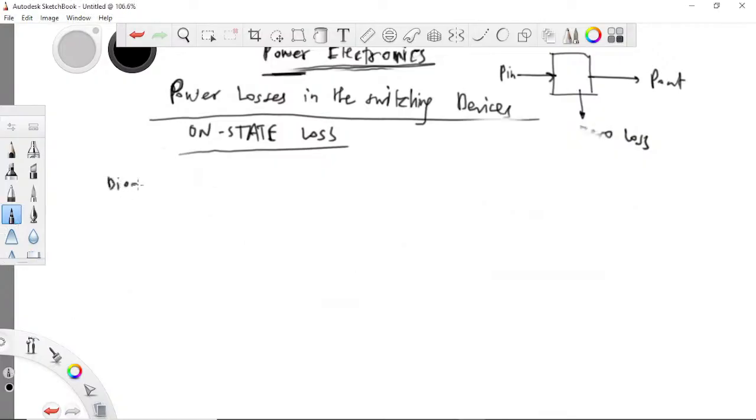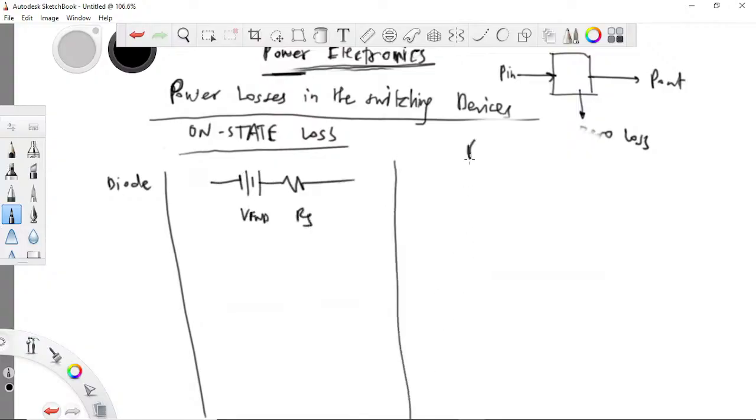So we know that a diode is modeled as a voltage source in series with a resistor. So this is V forward, and this is my series resistance. This means that the on state loss, P on, for the device is shown in this table of device, model and on state loss.